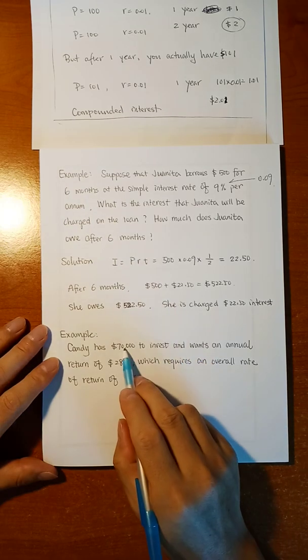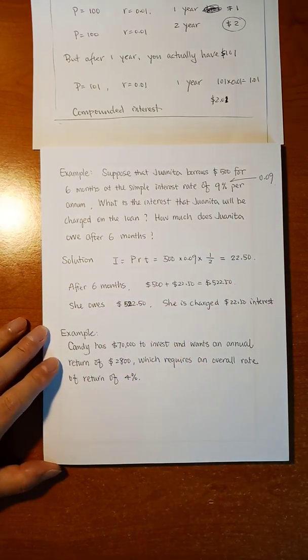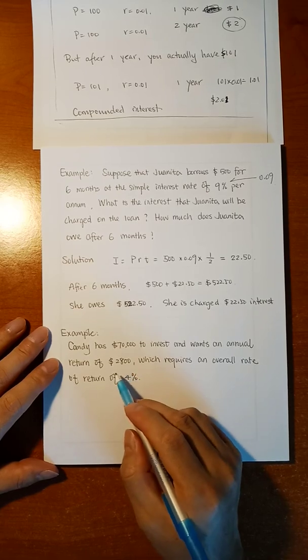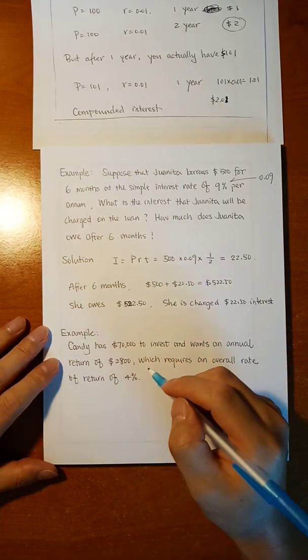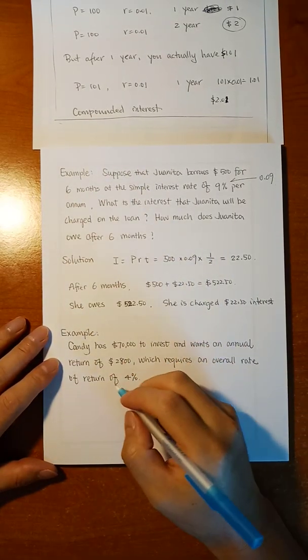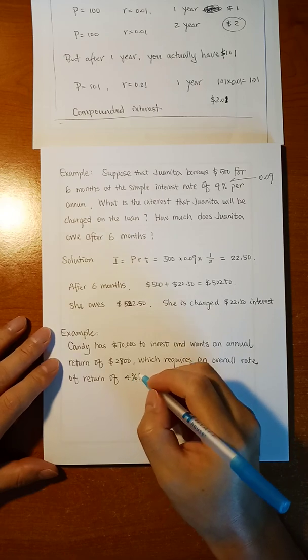So you multiply $70,000 by 4%, and you will get the $2,800.